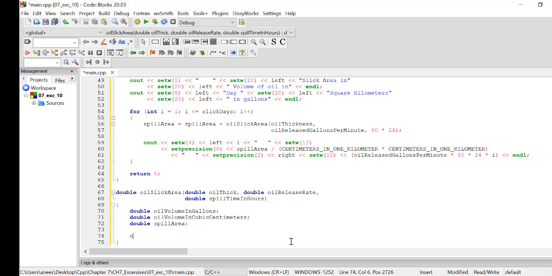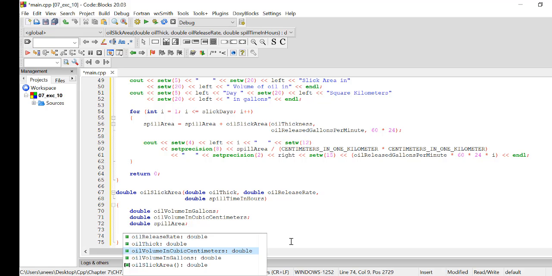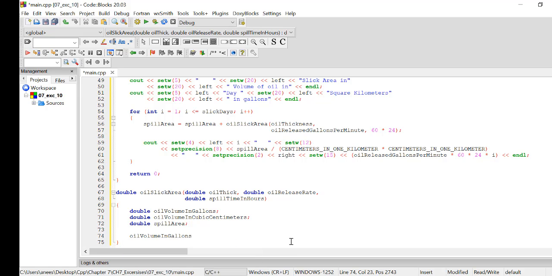After that, you can write in oil volume in gallons is equal to oil release rate times spill time in hours.